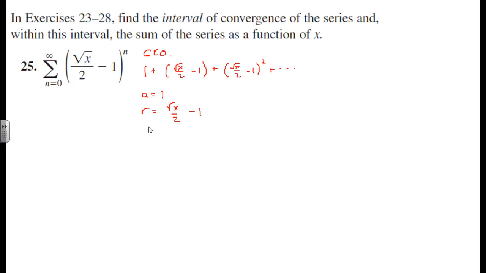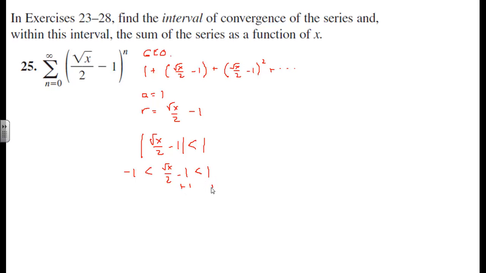Now, of course, to look for the interval of convergence for a geometric series, we'll take the absolute value of r, and we'll say, well, when is that expression less than 1? In typical fashion, we'll rewrite that as negative 1 is less than the square root of x over 2 minus 1, which is less than 1.